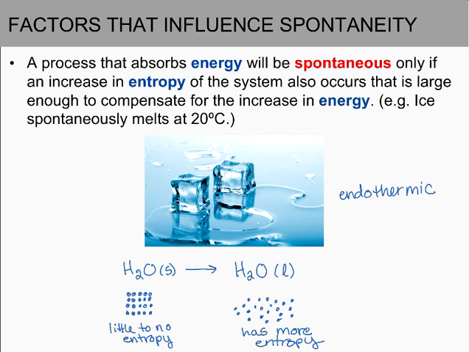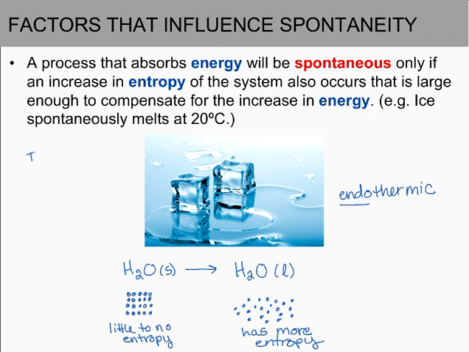So even though this is an endothermic process, so it's absorbing heat, there is an increase in entropy of the system. So the solid, which was very ordered, is becoming a liquid, which is more disordered. Now, this is temperature dependent.